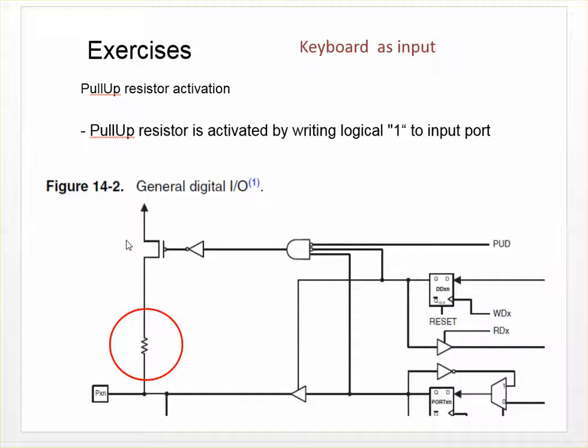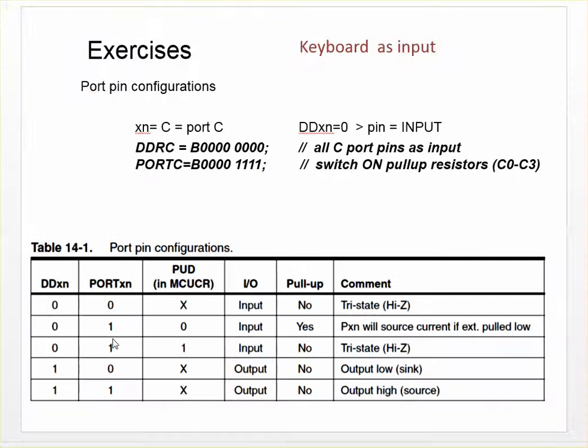How to activate that pull-up resistor? Let's see that. We can activate the pull-up resistor by writing logical 1s to the input port. With an output port, if we write 0, the output will be low, and if we write logical 1, the output will be high.